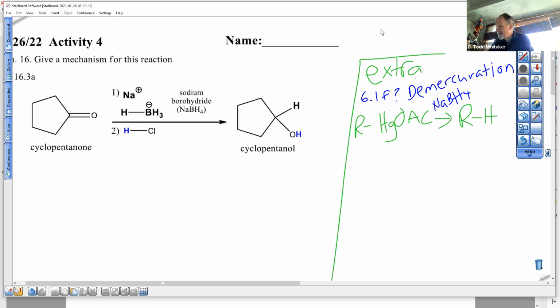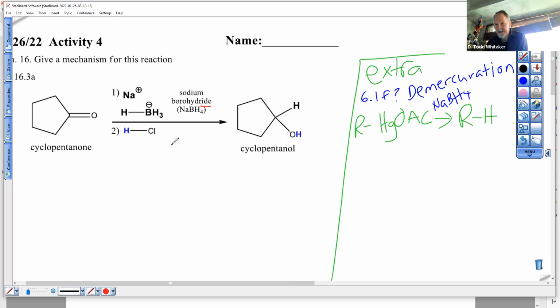What is going to happen here? Okay, we didn't do a mechanism for the demercuration, and we never will. This is more typical of what sodium borohydride does. Its name kind of gives you a hint. What does IDE mean in a two-word name of nomenclature? IDE in a two-word name like sodium chloride.